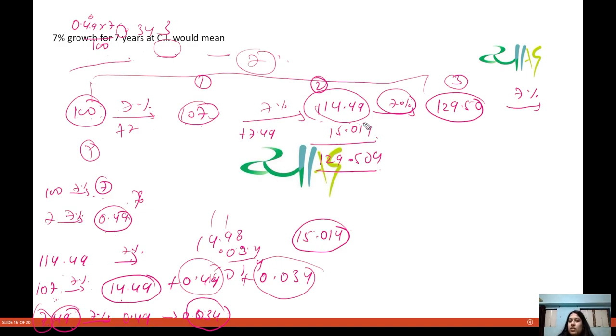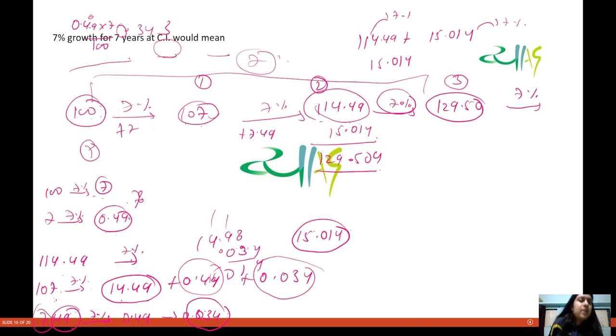We already know 114.49 plus 15.014, so the 7% of that is 15.014. We just have to calculate 7% of this. Okay, 7% of this. Fine, we can calculate this.